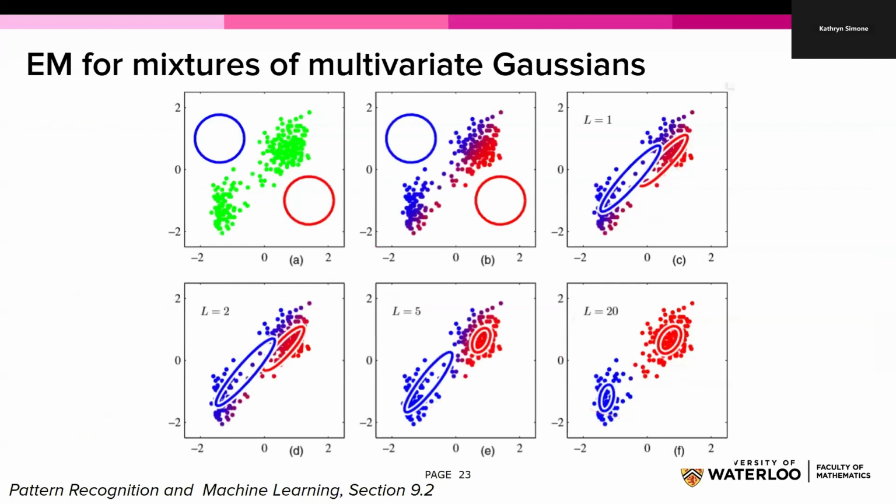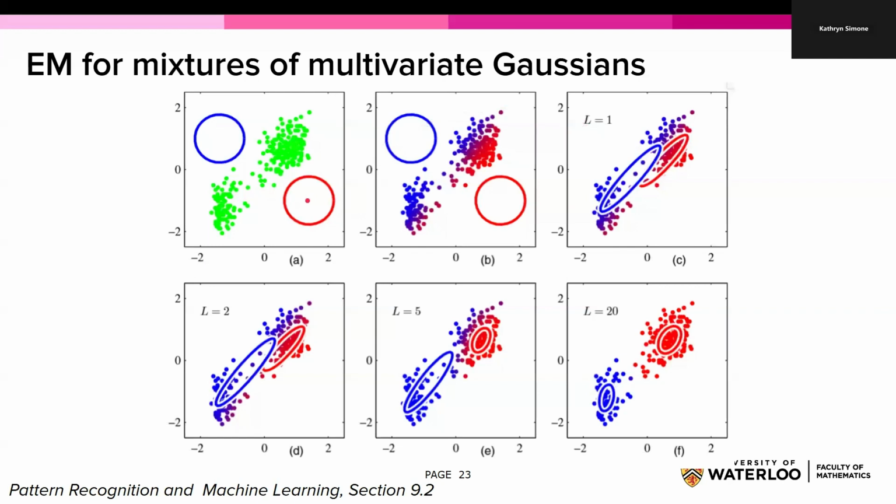All right, so to really drive home what we've been doing, we can look at how the EM algorithm works for a mixture of multivariate Gaussians. So in this first panel, this is our raw data in green. We've just got a cloud of points, and then this red circle here represents our initial guess for the parameters of one mode.